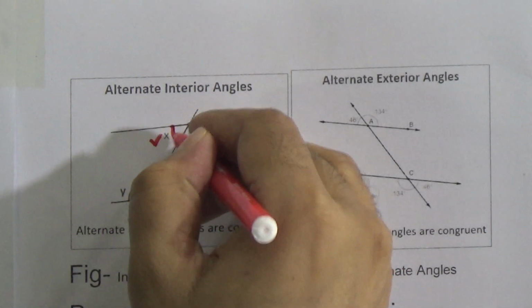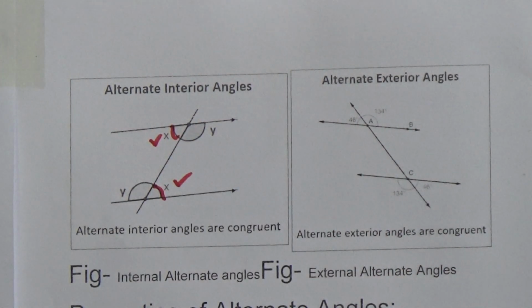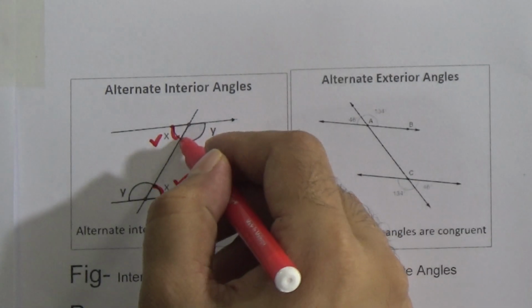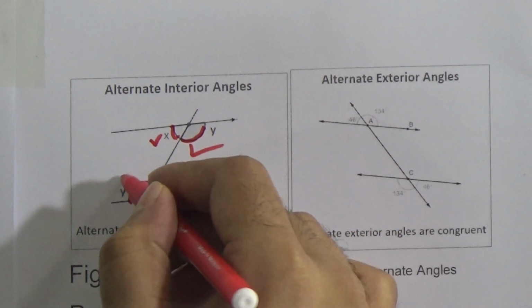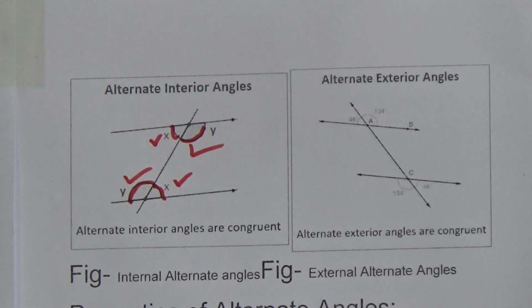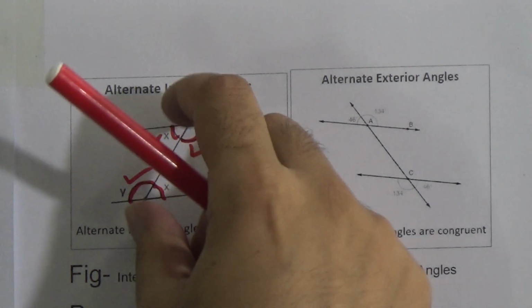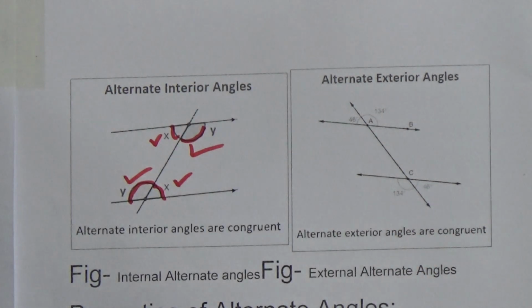These two angles are on opposite sides of the transversal. So these two angles are interior or internal alternate angles. Now see this angle and this angle. These two angles are alternate angles, and these two are also inside of these two straight lines. So these are interior alternate angles.